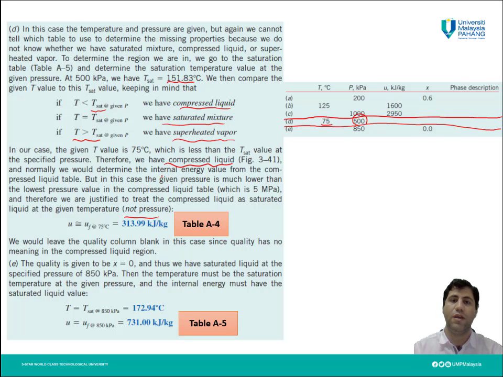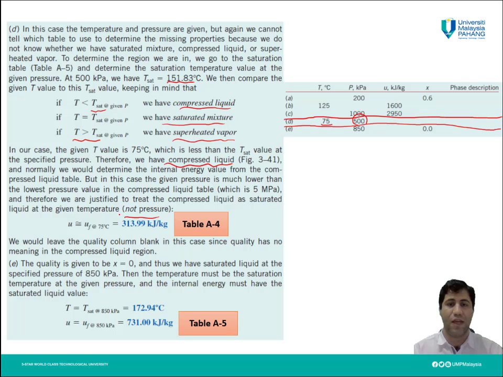So we can simply refer to the table which we had for the compressed liquid and read this information, U, the energy for this temperature and pressure in the table.